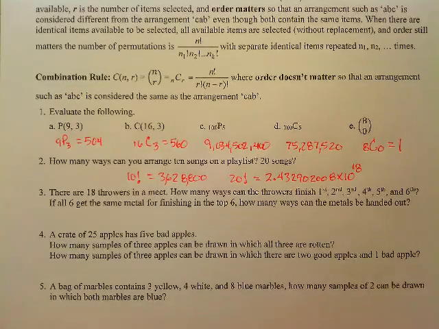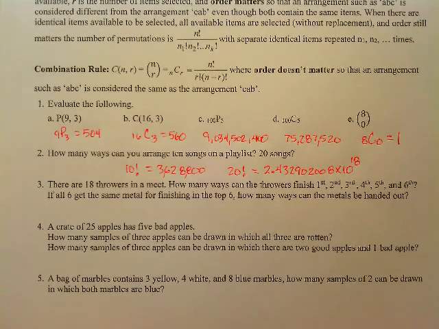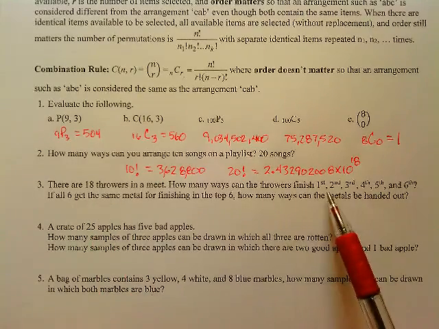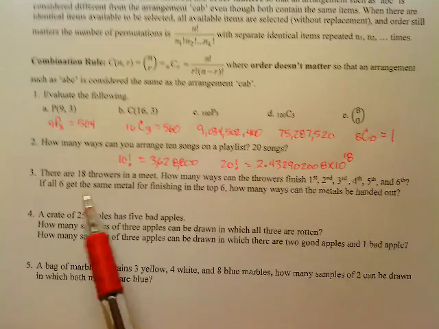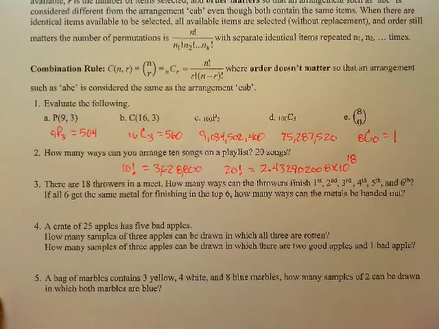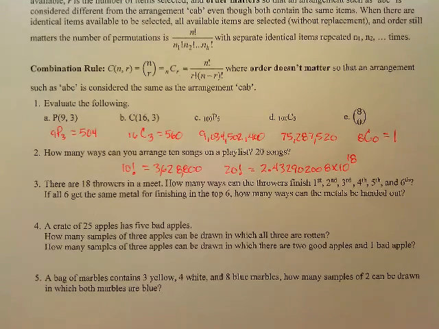Alright, now in number 3 here, we're going to look at not all of it, but just a few. For example, let's suppose that we have 18 throwers in a meet. How many ways can you finish 1 through 6? In other words, we're only going to select 6 places of the 18 throwers. We're not going to worry about the ones who finish 7th or lower.